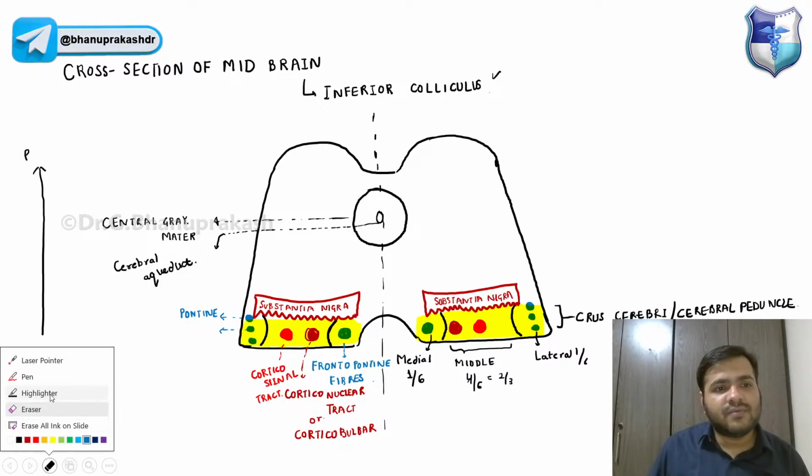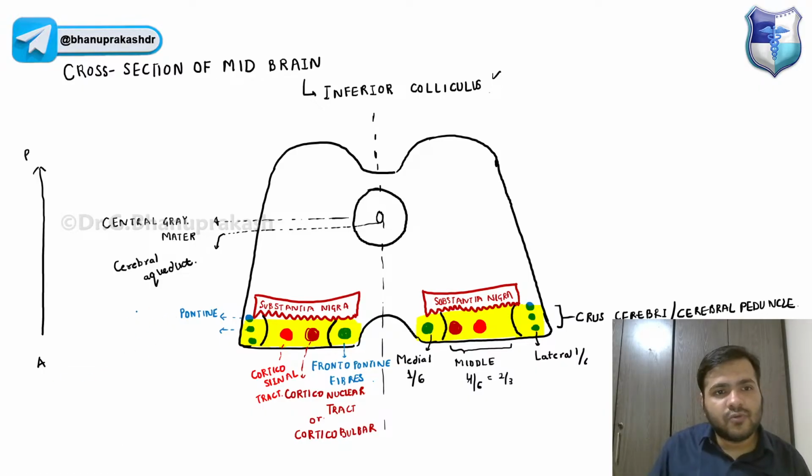Let us write it in the correct order. The very first one is the temporopontine fibers. Then we have the parieto-pontine fibers coming from the parietal lobe. And the last one is the occipito-pontine fibers.